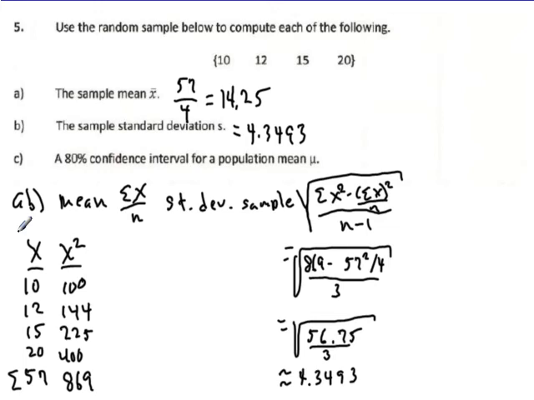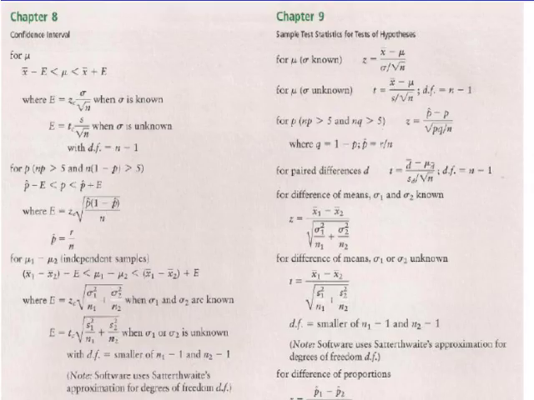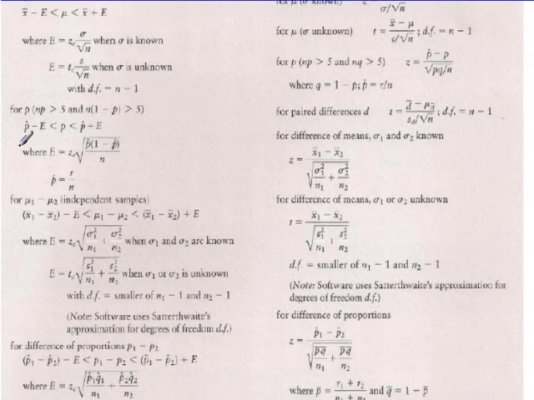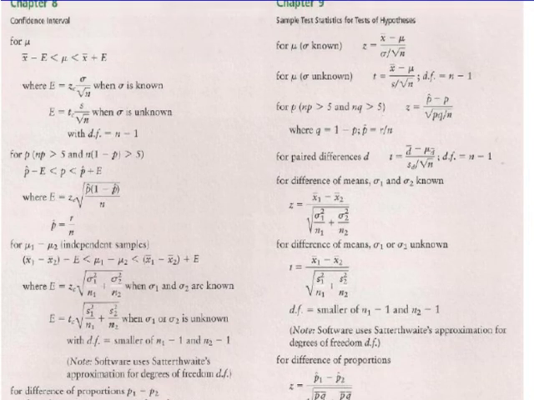Now that we have our mean and standard deviation, we can get our confidence interval. So again, we're going to look to our formula sheet, and for confidence intervals, we have 2 options here. So we're dealing with x bar minus E, x bar plus E, because we want a confidence interval for mu.